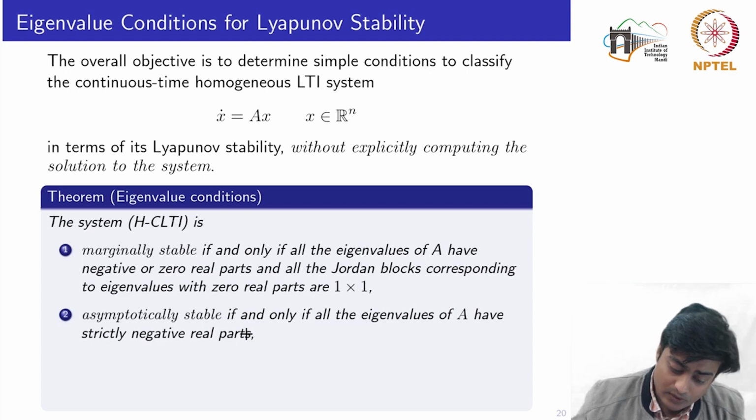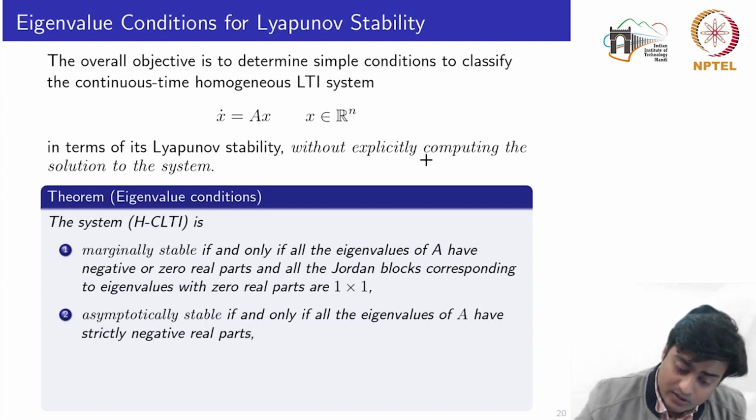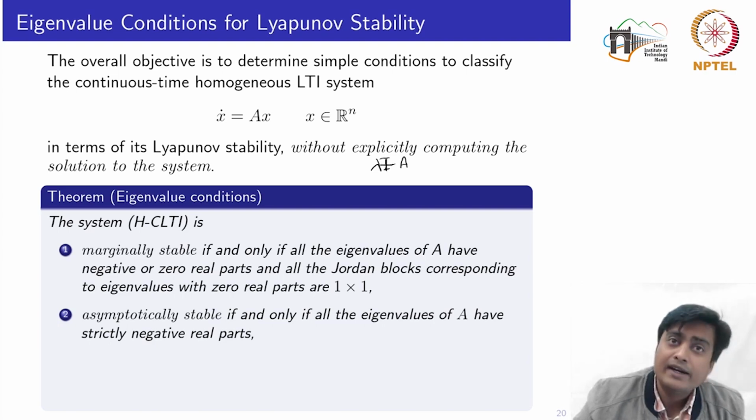Just to recall how to compute the eigenvalues of a matrix A, you compute the determinant of lambda I minus A, where I is the identity matrix of the same dimension as A. Once you have the polynomial in terms of lambda, you equate it to 0 and compute all the lambdas. All these lambdas are the eigenvalues of the matrix A.